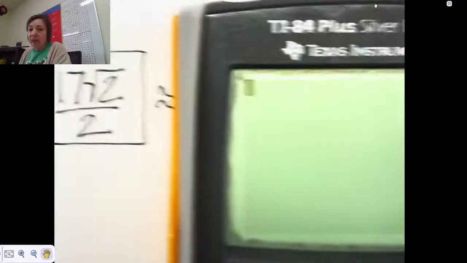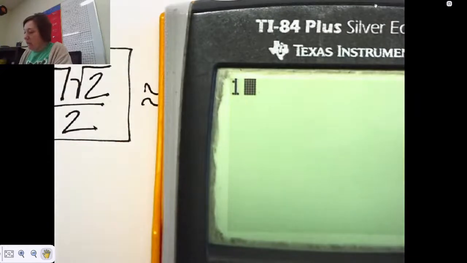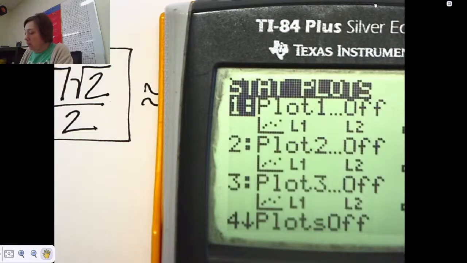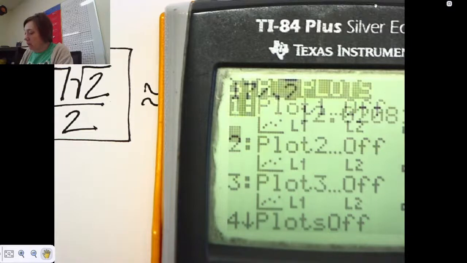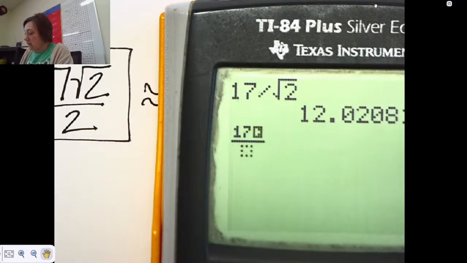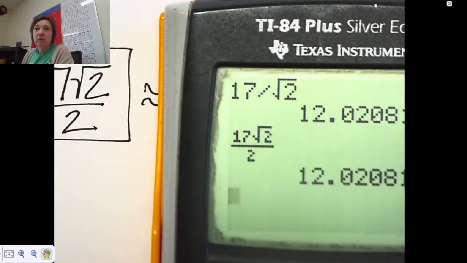Okay, so if we plug it in, right? So we did 17 divided by the square root of 2. That was our first thing. This is what we get. If we do 17 times the square root of 2 over 2, this is what we get, right?